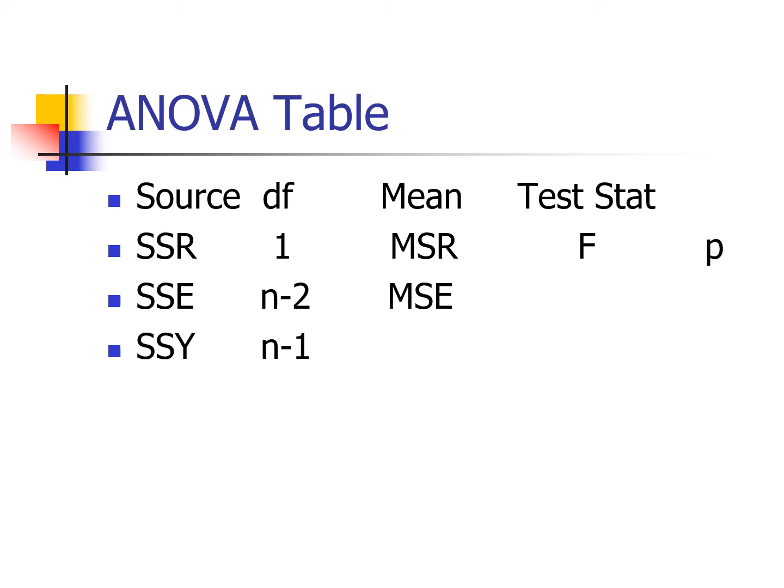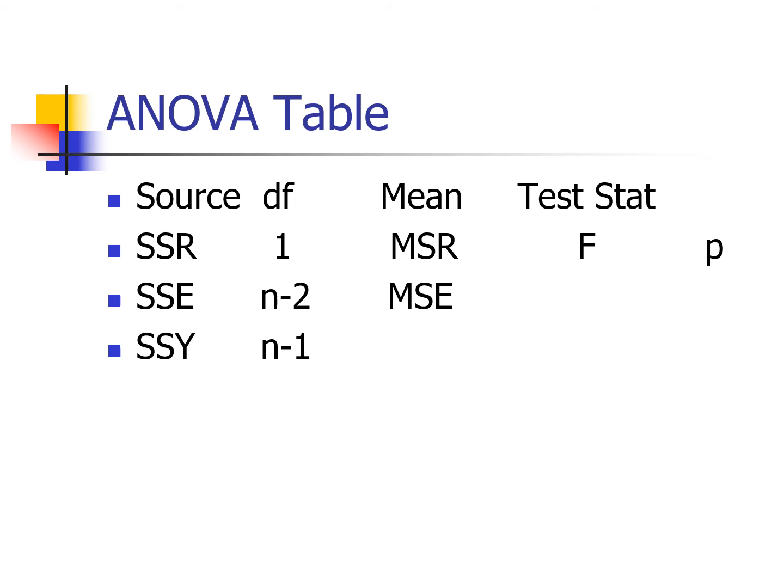If you do the SSE divided by its degrees of freedom, n-2, you get the MSE. Pretty cool, right? Notice also that the way our columns work, SSR plus SSE should equal SSY. Same with the degrees of freedom: 1 plus n-2 equals n-1.